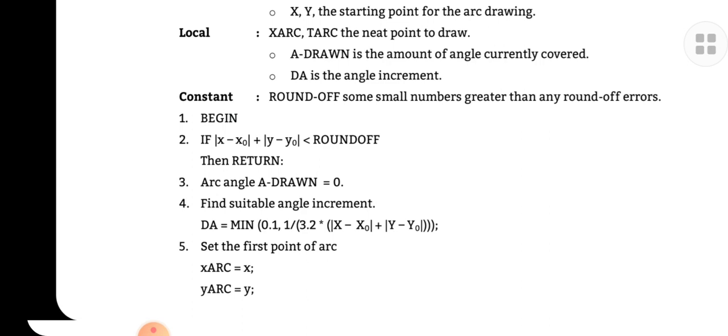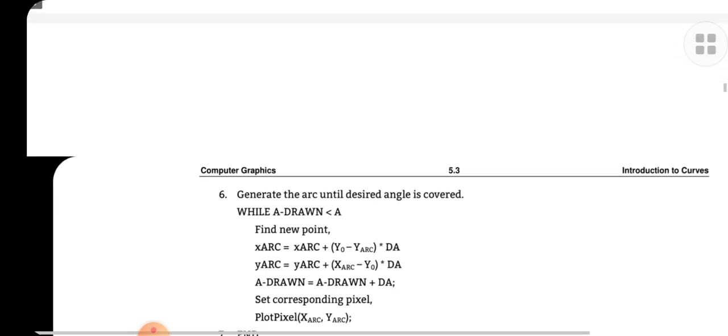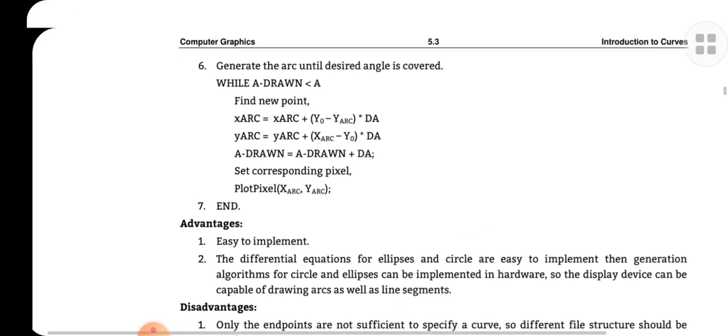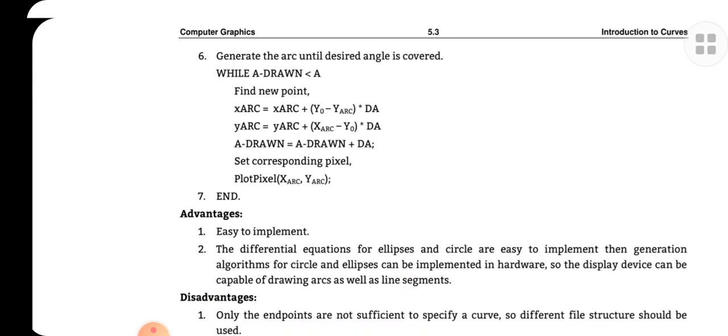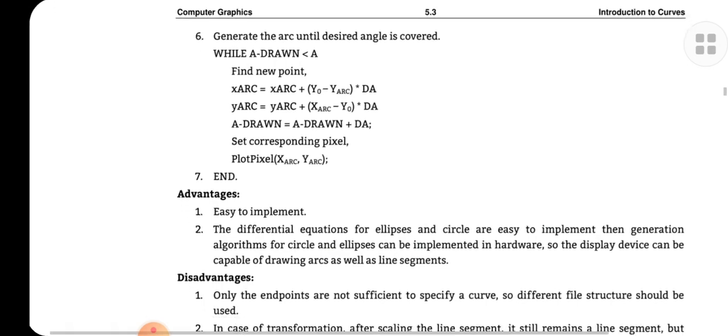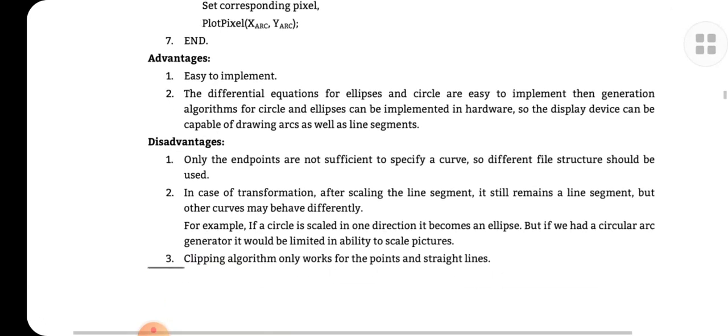Set the first point of the arc: x arc is equal to x and y arc is equal to y. After that, the seventh step is to generate the arc until the desired angle is covered. Here are the equations for how to generate the arc until the desired angle is covered, and then the end.